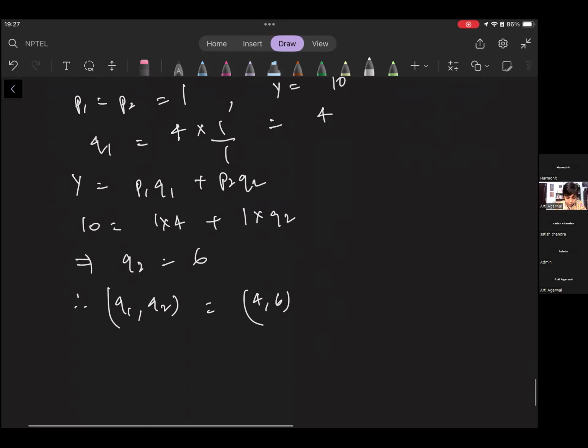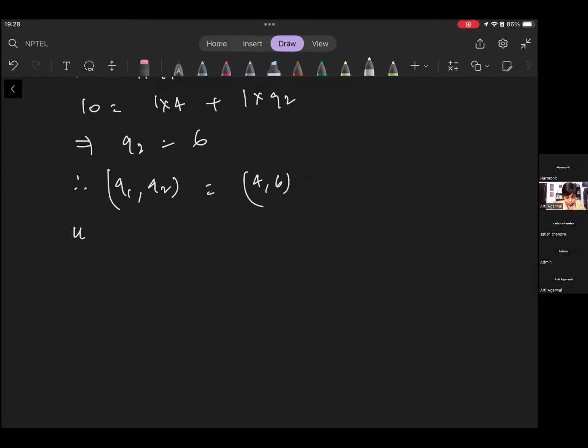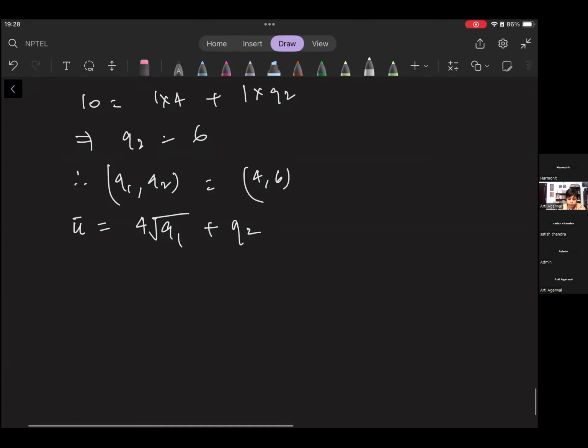Let's call it U bar. U bar is equal to 4 under root Q1 plus Q2. I have not memorized any of this, I'm just following the steps. There is a whole table in Perloff where you are given the demand functions for different types of utility functions, but you don't actually need that. You just need to know what the approach needs to be.